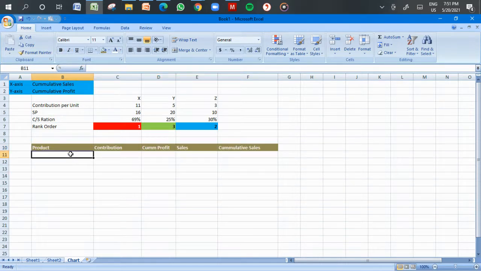Okay, so how many products do we have? We have X according to the rank order, because X is our number one, then number two, then number three. X is our number one according to this rank order. Then Z is our number two. Then Y is our number three.